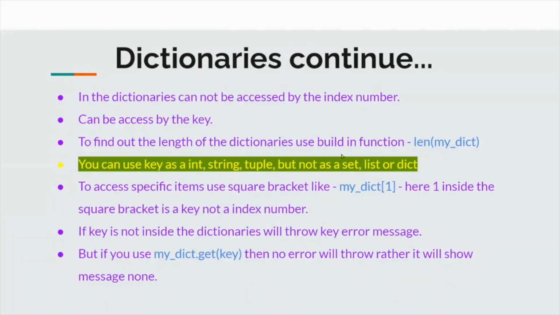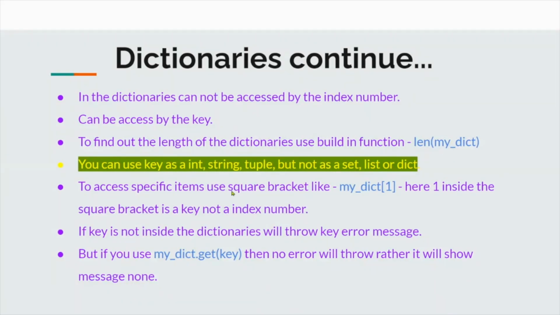If you want to find the length of the dictionary, use the built-in function len with the name of the dictionary, and it will give you how large it is. Here I highlight that we can use the key as an int, string, or tuple, but not as a set, list, or dictionary.